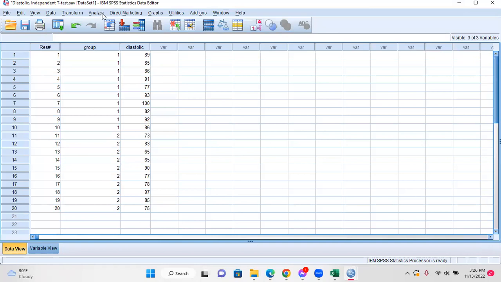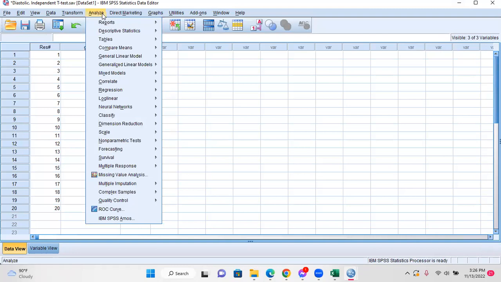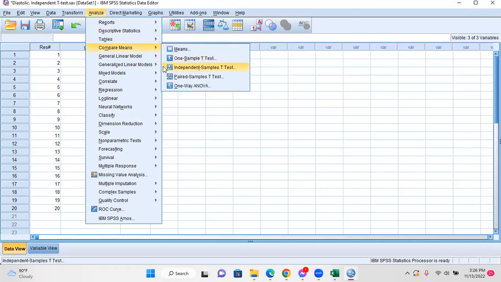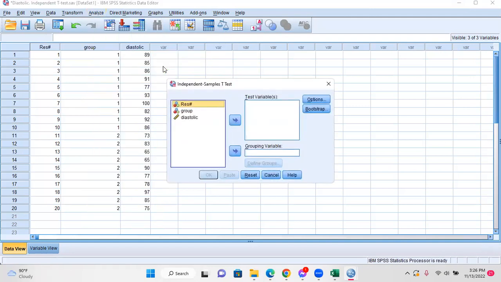Okay, click tayo, analyze. So, pwede tayong mag independent t-test. Click compare means, independent samples t-test. Then diastolic sa test variables.